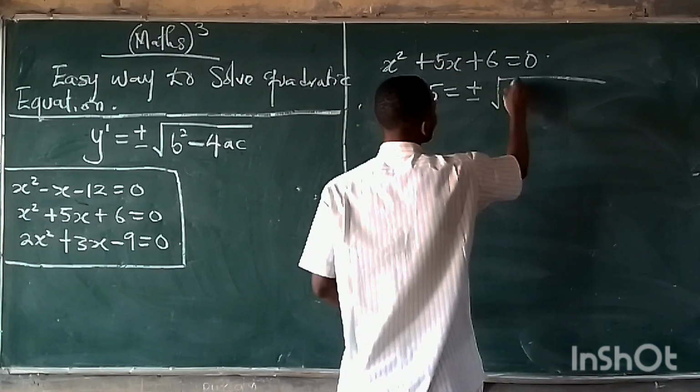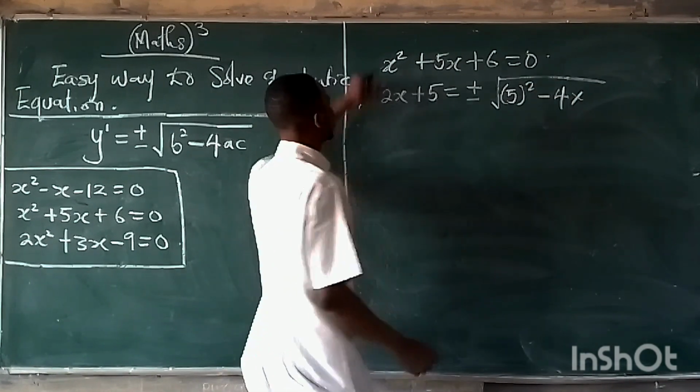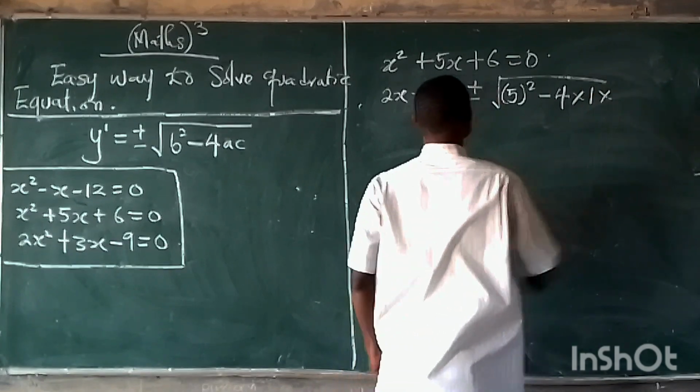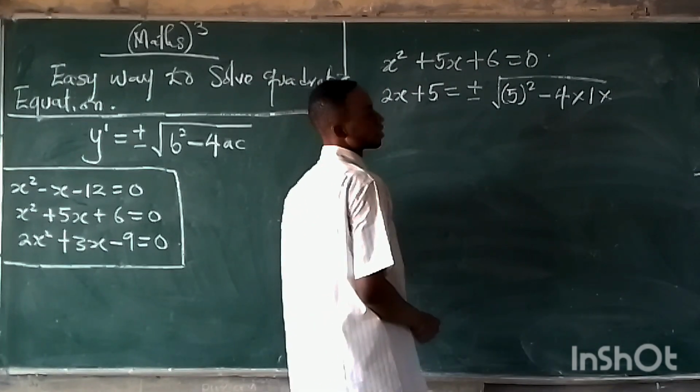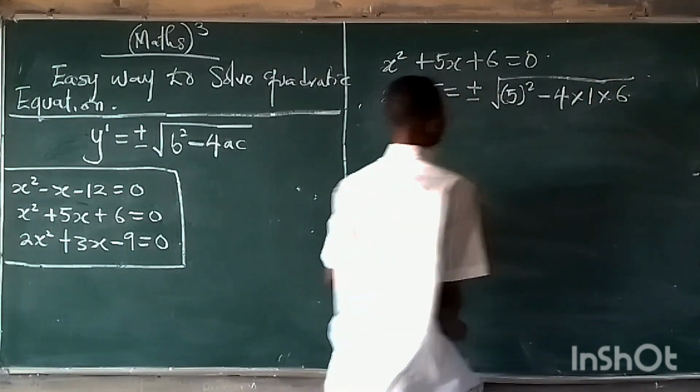So we have 5 raised to the power 2 minus 4 times our a, which is the leading coefficient, 1, times our constant, which is 6 here.